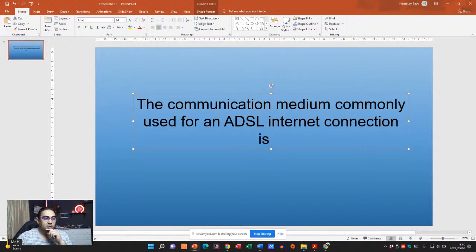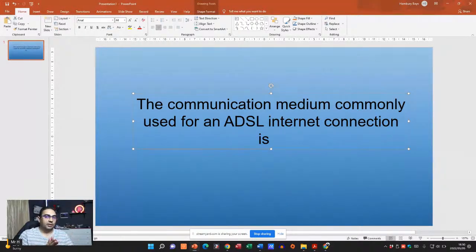Okay, so here's one. The communication medium commonly used for an ADSL internet connection. All right, so we need to now look at a few things. When we talk about communication medium, what are we actually talking about? What is meant by a communication medium?